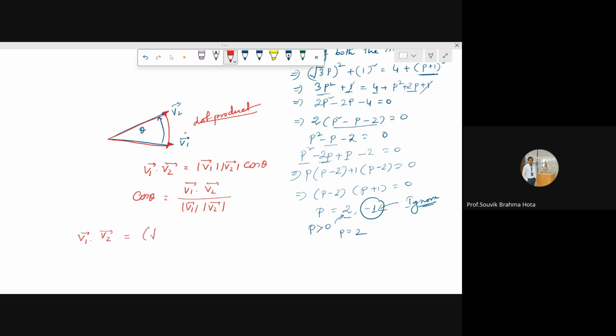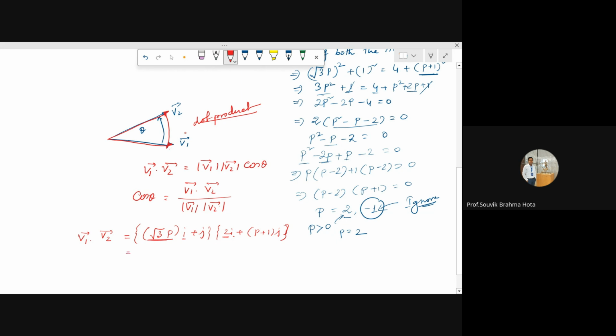V1 is root 3p i plus j, and v2 is 2i plus p plus 1 j. So the simple thing you should remember in dot: just multiply the coefficient of i with i, nothing else. The coefficient of i in the first case is root 3p, and here it is 2.